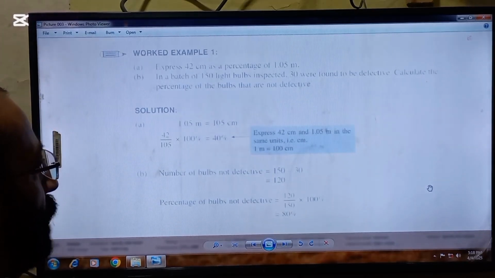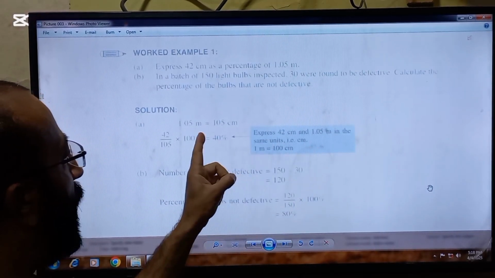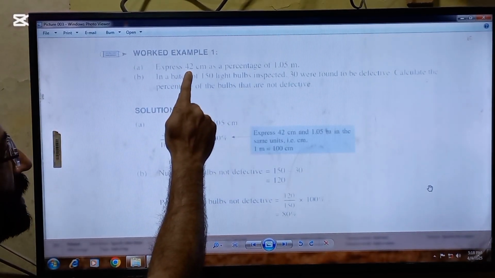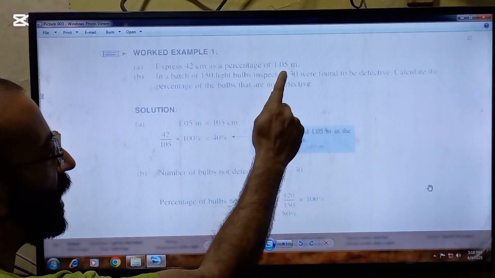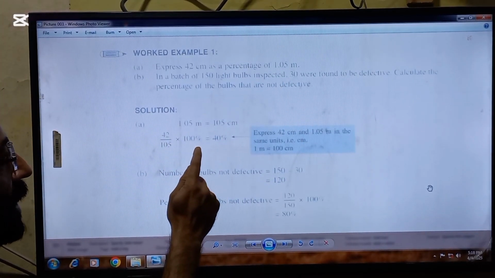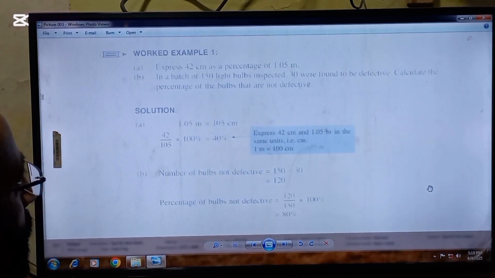So 1.05 meter is equal to 105 centimeters. The next step is to put this value in the numerator and this value in the denominator, that is 42 over 105 multiplied by 100%. Solve it and you will get the answer, that is 40%.